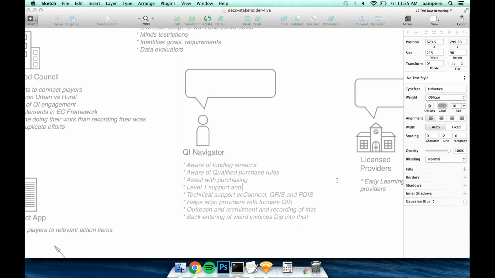Our coaches are out with our level 2 through 5 more. Yeah, we don't have QI coaches per se. We have content-specific coaches. So our QI navigators do the bulk of work with programs that need technical assistance for any level when it comes to accessing the database, ordering materials, uploading documents.